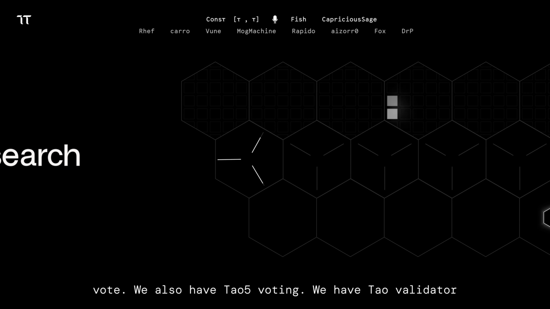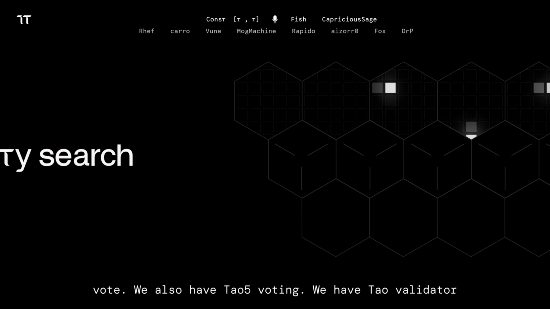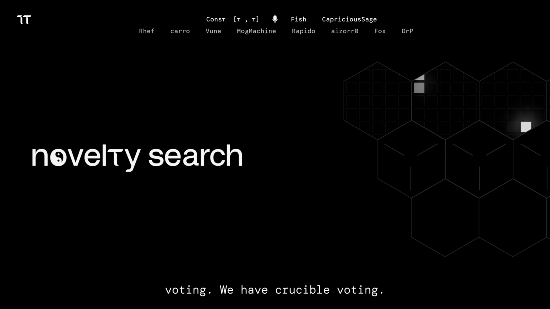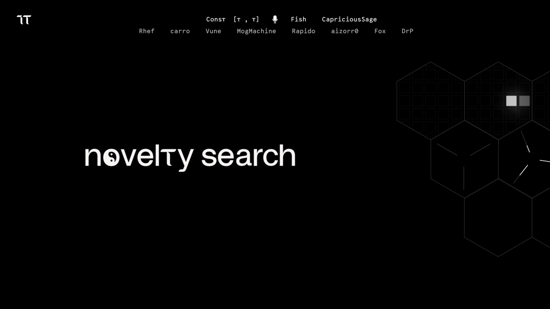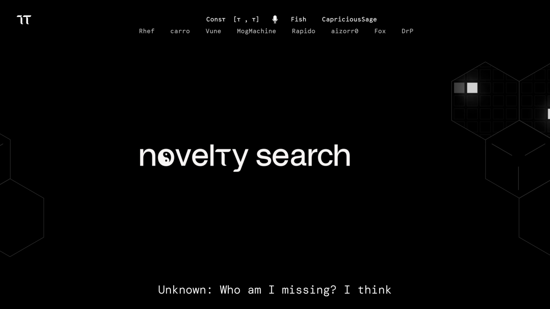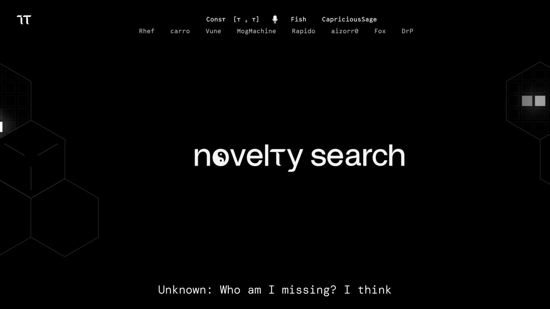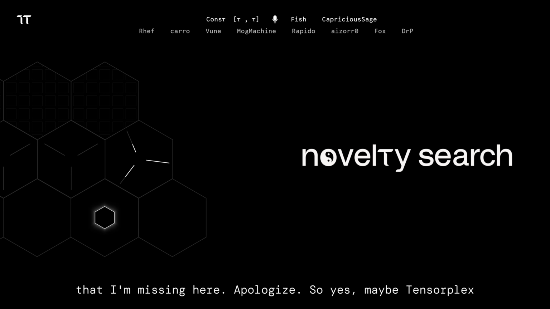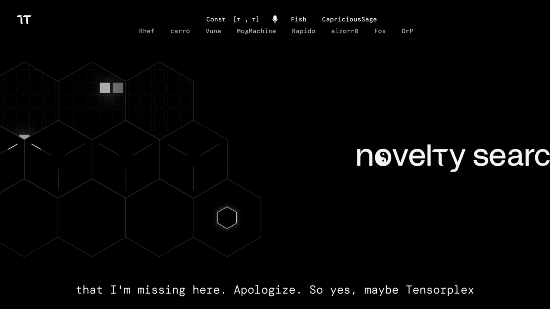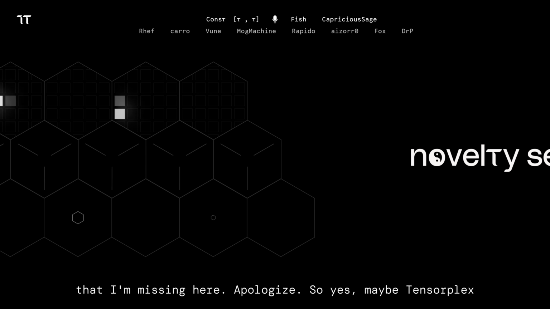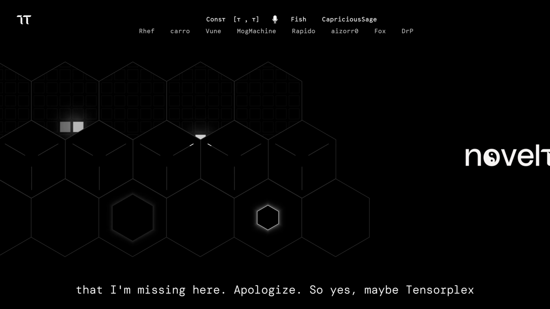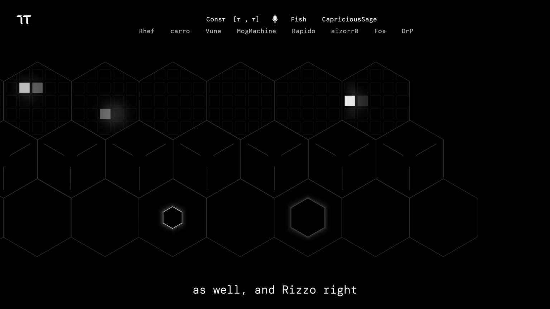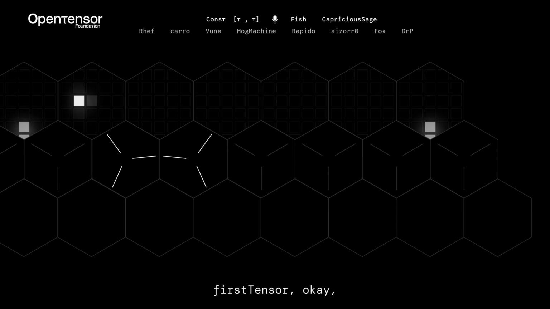We also have Tau 5 voting. We have Tau Validator voting. We have Crucible voting. Who am I missing? I think that's it. Maybe not. There's probably one or two that I'm missing here. Apologies. So, yes, maybe TensorFlex as well. And Rizzo, right. First Tensor.